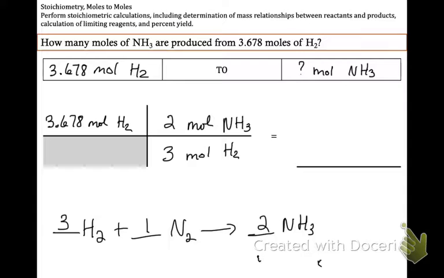To solve, we multiply across the top. So 3.678 times 2 is 7.356. We divide by the bottom, divided by 3, and I get 2.452 moles of NH3 for my final answer.